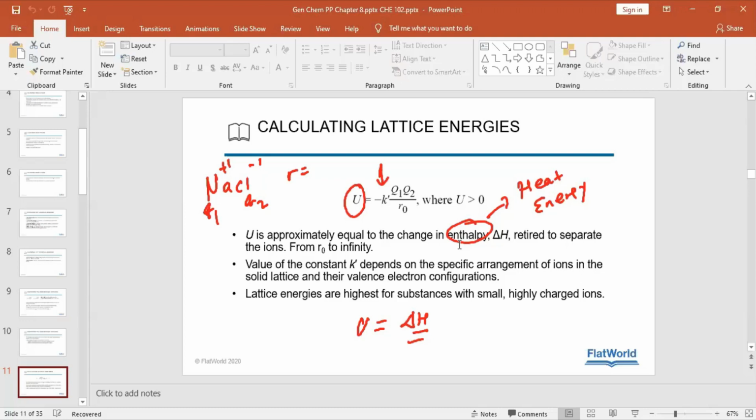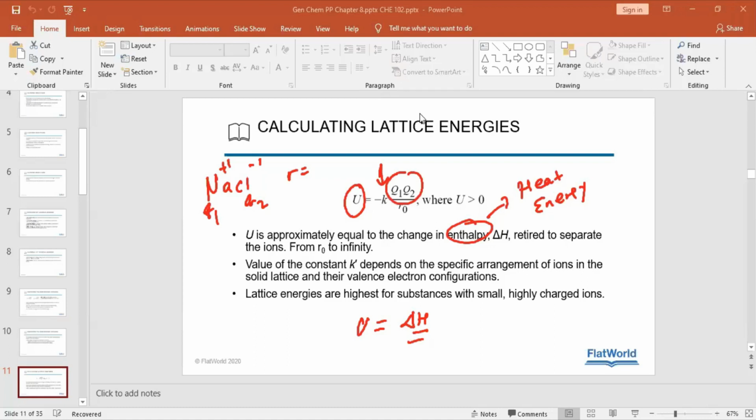Remember that the lattice energy has certain factors. The important thing you need to know about lattice energy is what the factors are. When will the lattice energy be the highest? If the numerator part is higher, then obviously the lattice energy will be higher.